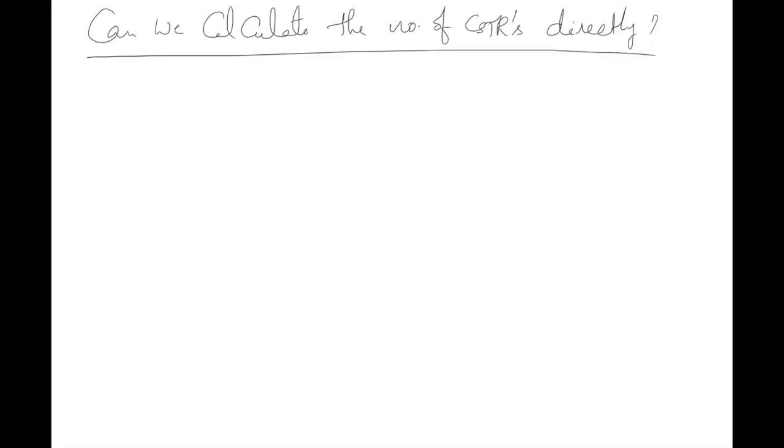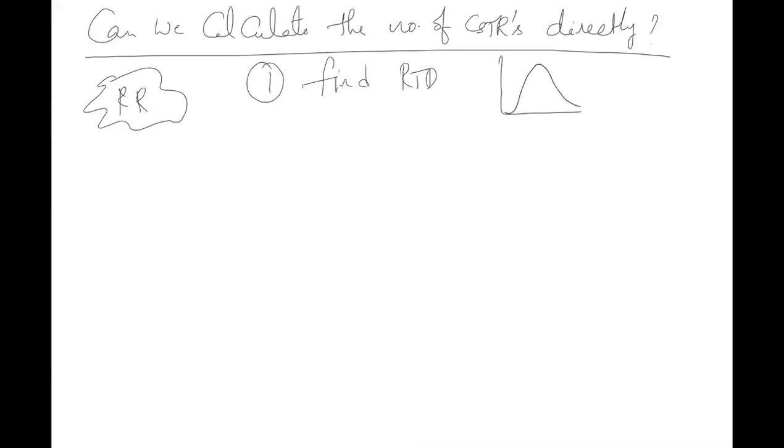There is a small procedure we will follow. Let's take this real reactor. The first step is to find the RTD. How do you find RTD? You go to a pulse experiment and then plot the RTD, which is the E versus t curve. You know how to plot E versus t.